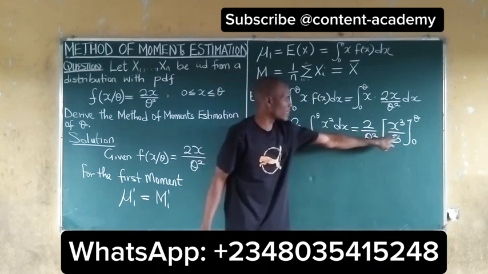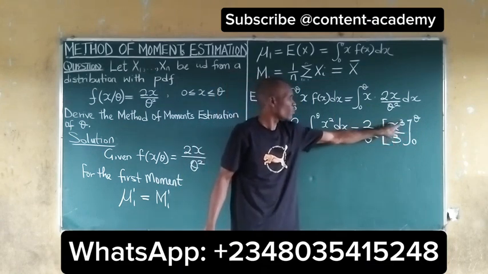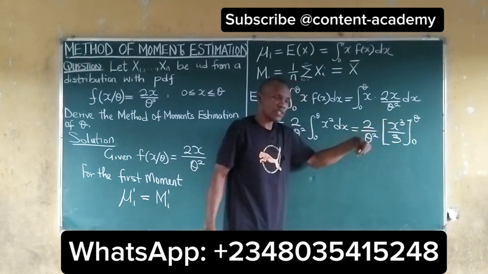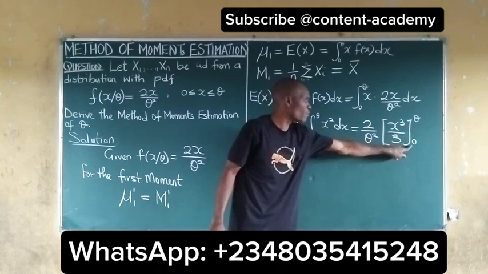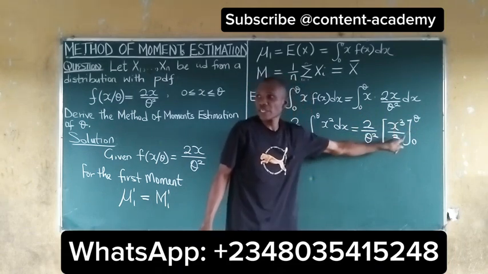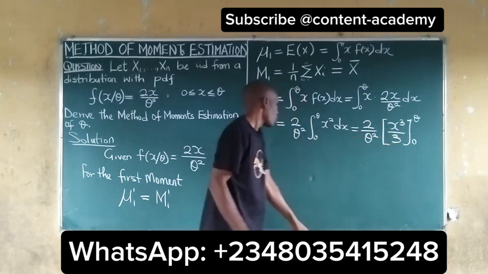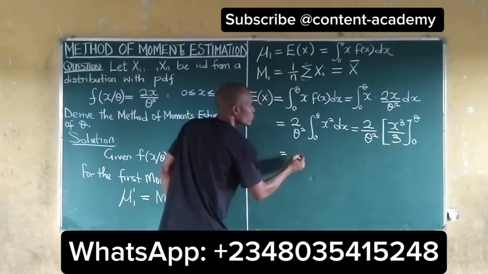Wherever we see x, we put theta, then subtract the value at 0, since putting 0 into x turns everything to 0.